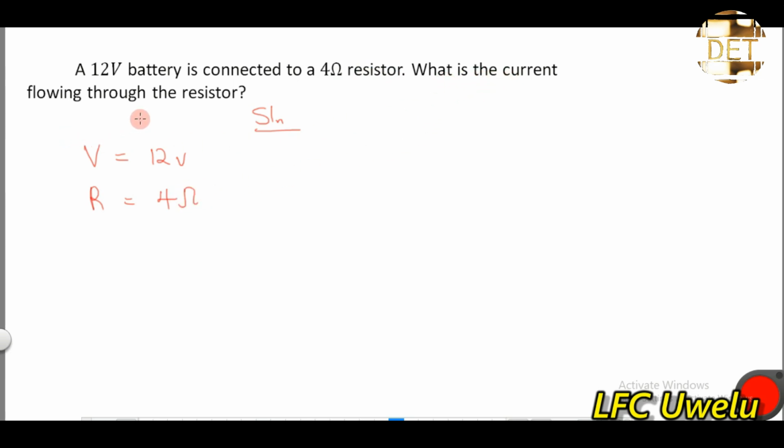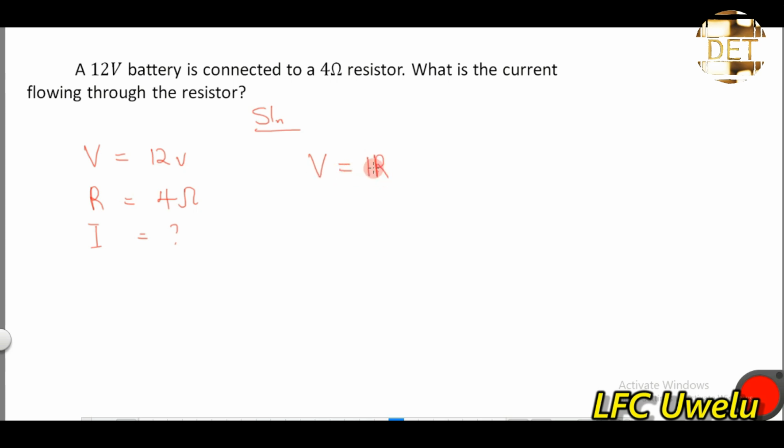What you're asked to look for is the current flowing through the resistor, which is what you don't know. So with these parameters, what is the relationship that connects V, R, and I? The formula that connects them is V is equal to IR from Ohm's law.